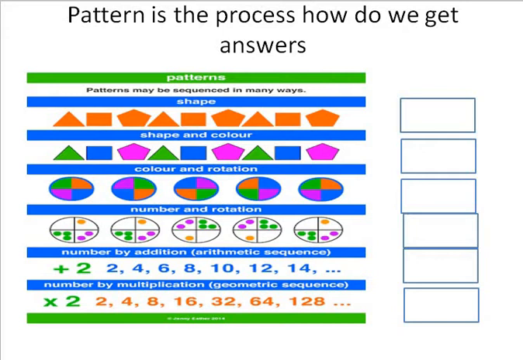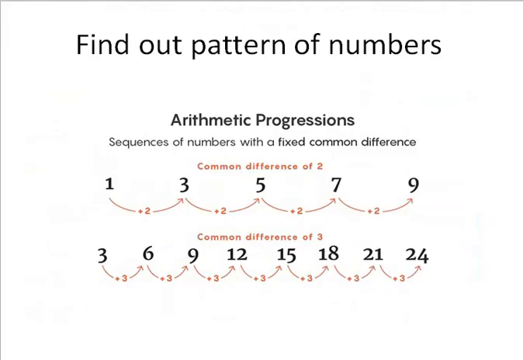It's not only shapes, sometimes it's numbers, okay. Sometimes repeating numbers help me to find out the answer. Now if you notice here, there are sequences of numbers with a fixed common difference. Every time I add 2 in the first one and I add 3 in the second.